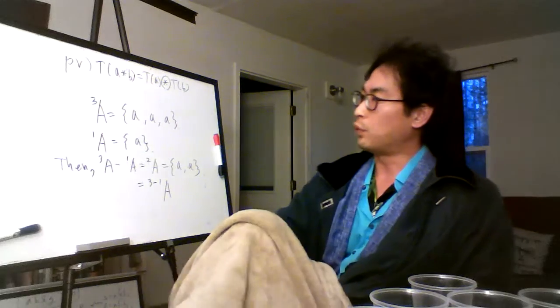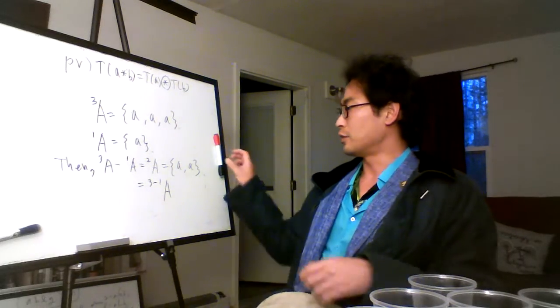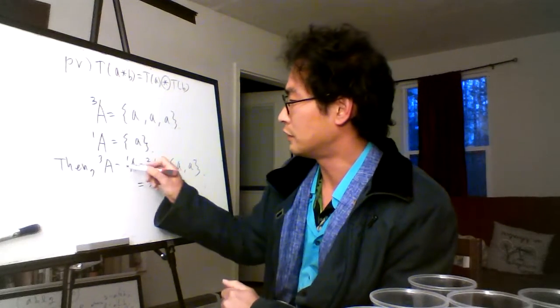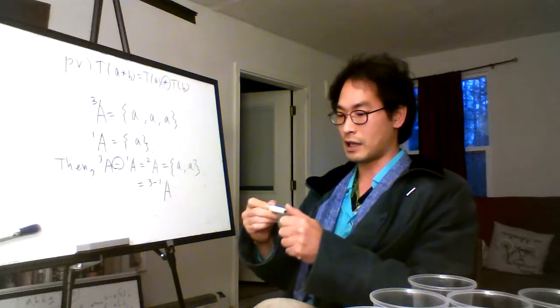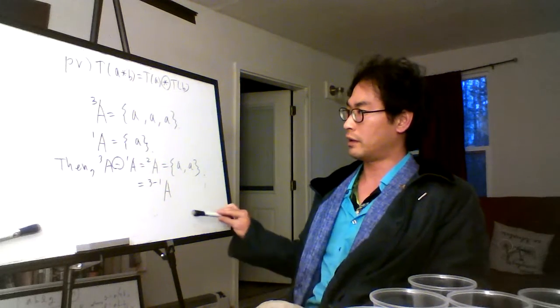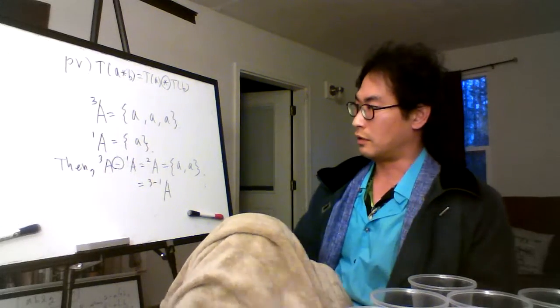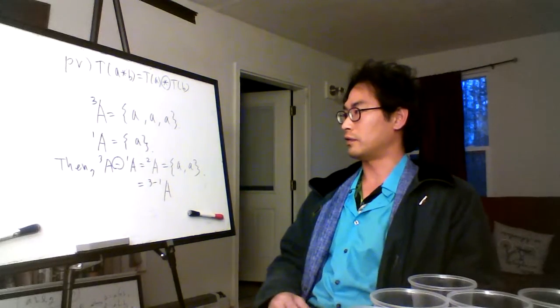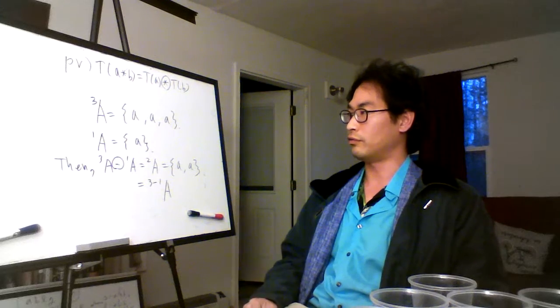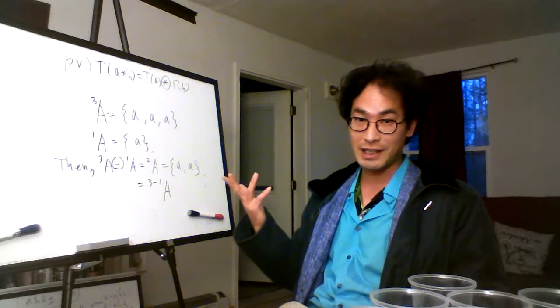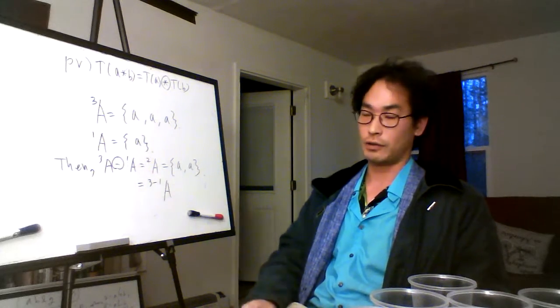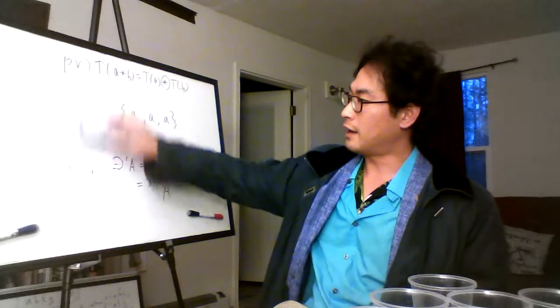So we are exploring. I'm sorry, it has to be circled. It's a multi-set operator. We have to distinguish this. If it's a set operator, we don't circle it, but if it's a multi-set operator, we circle it.